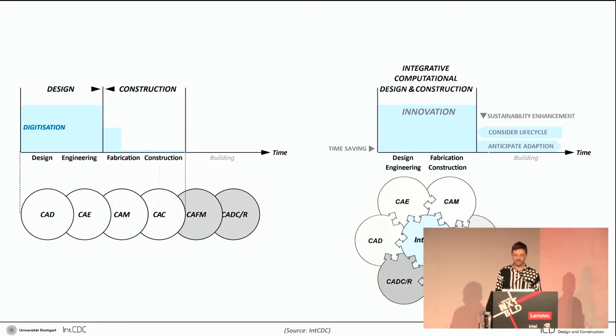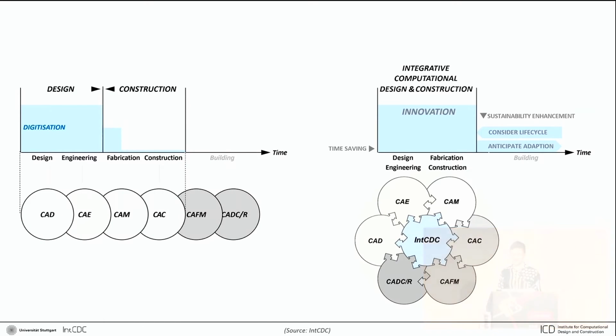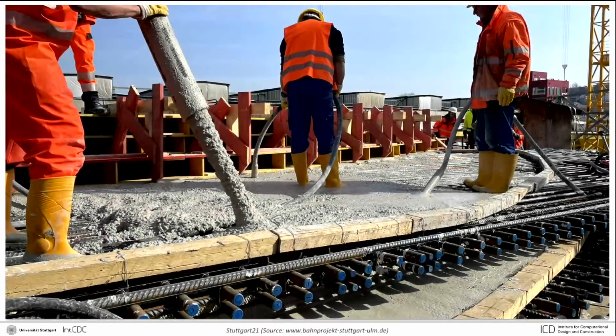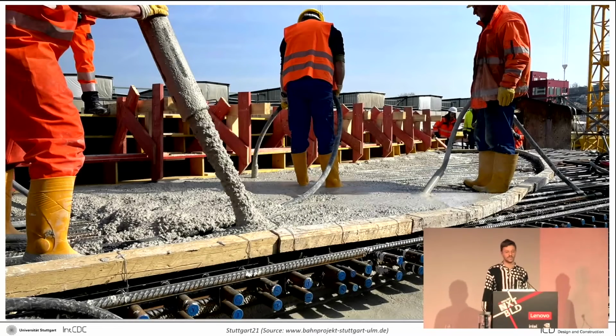And that is why we believe that our integrative design approach based on feedback between the various disciplines has the possibility to unleash the full potential of digital technologies for architectural construction. This includes specific attention to fabrication and construction of buildings, which to date, if we look at modern construction sites, happens mostly with manual processes.